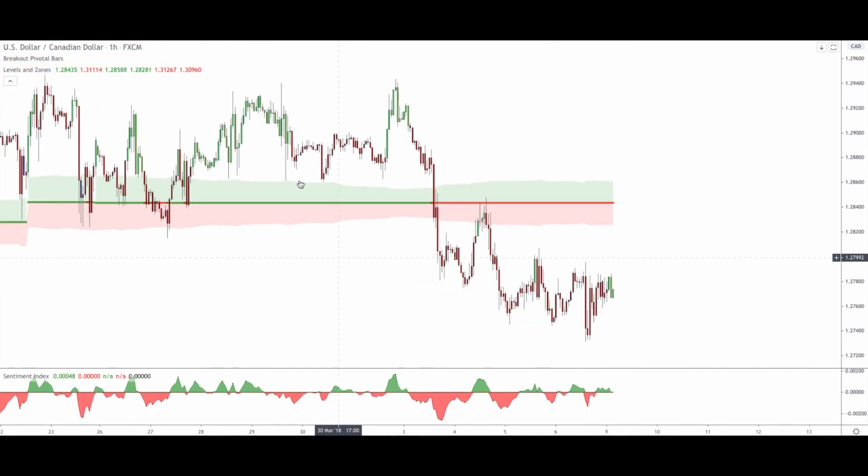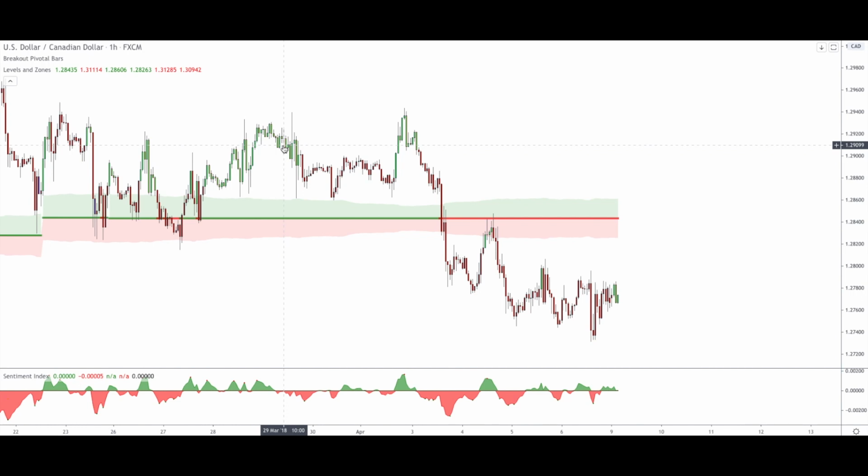So the green candles are bullish candles, the red candles are usually bearish candles, and of course you should see a green candle on an upward movement, you should see a red candle during a downward movement, and blue candles are indecision candles, meaning that you should pay close attention to what's going on with the price action in that area, because they could either mean a trend reversal or a trend continuation.